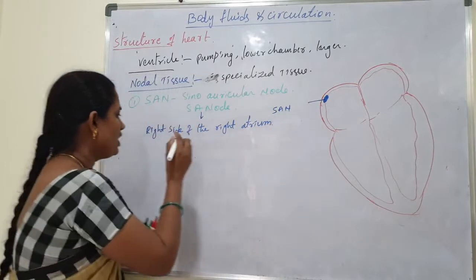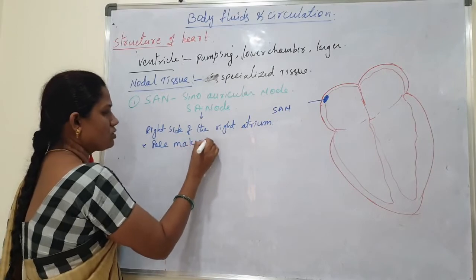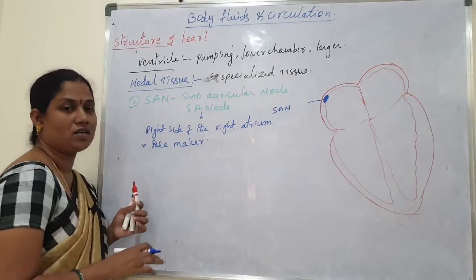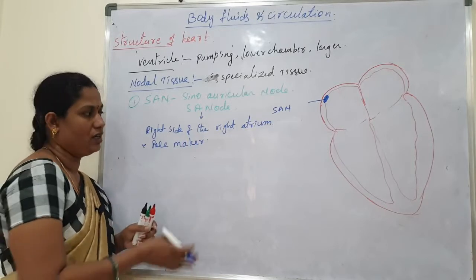Next, this one is also called the pacemaker because it generates action potentials without any external stimuli. I will write here: it generates or produces action potential without any external stimuli.